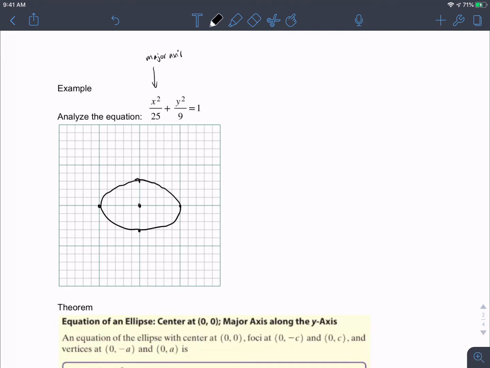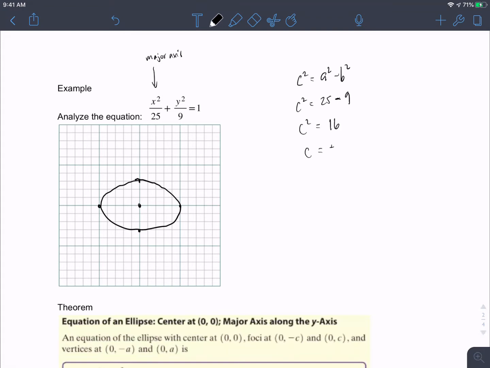But we need to find the focal points. So c squared is equal to a squared minus b squared. We get c squared is equal to 25 minus 9, so c squared is equal to 16.